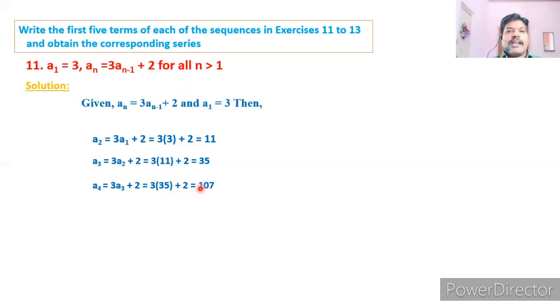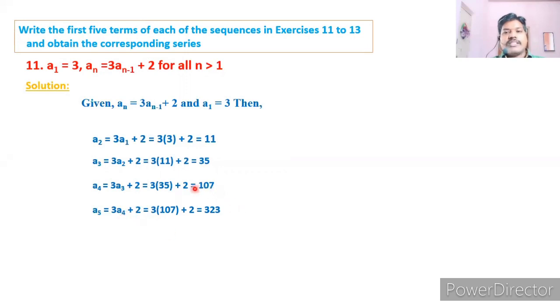Similarly, you can calculate n equal to 5. If n is equal to 5, you will get the fifth term. A5 is equal to 3 into A5 minus 1 plus 2. 5 minus 1 is 4, so A5 is equal to 3A4 plus 2.